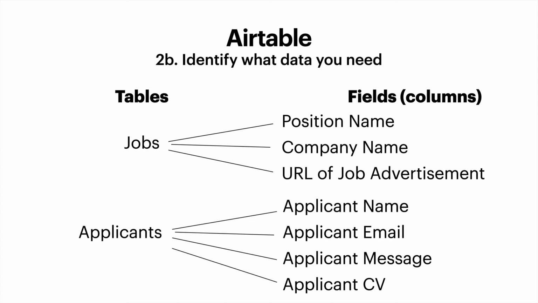And for each of those things, you will also want to identify their attributes, also known as fields. These are the columns of the table in Airtable. So for a job, the fields could be position name, company name, URL of the job advertisement. And for an applicant, the fields could be the applicant's name, the applicant's email, a message they may send to you, and a CV.